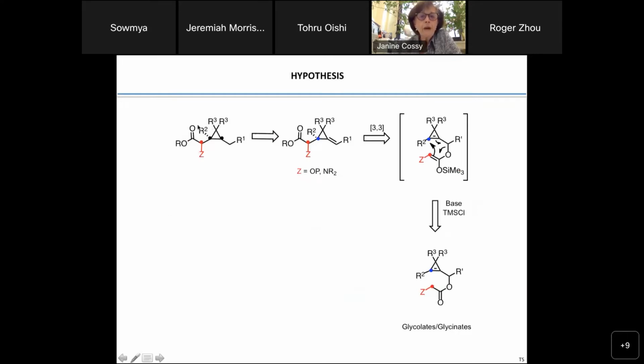This product should be obtained by the reduction of the cyclopropane having an exocyclic double bond. And this product should be obtained by a 3,3 sigmatropic rearrangement applied on the cyclopropane having a double bond, which is Z at this position.